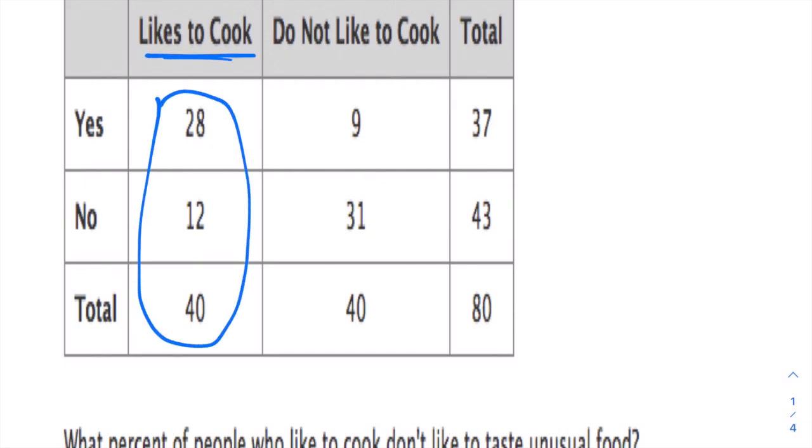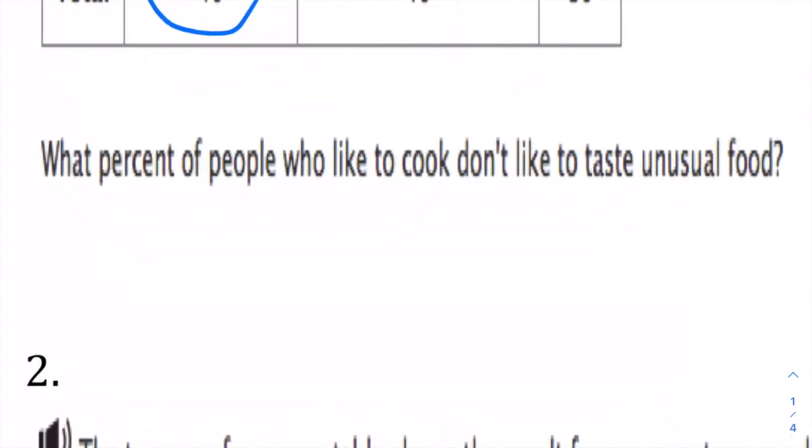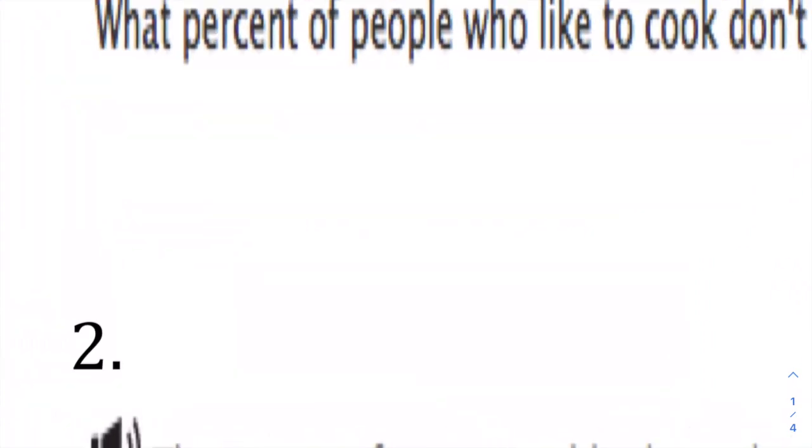So we're looking at the people who like to cook, so we're going to be using these numbers here. Out of the 40 people, there are 28 who like to taste unusual food, and there are 12 who don't like to taste unusual food.